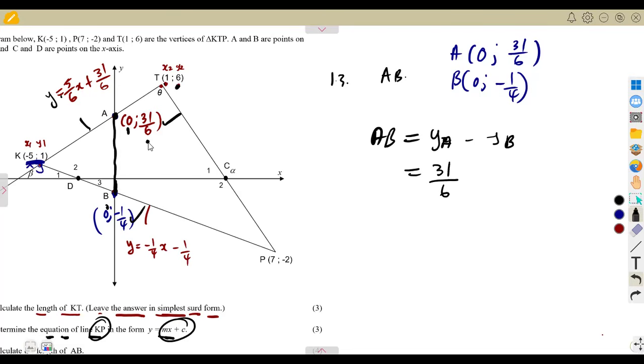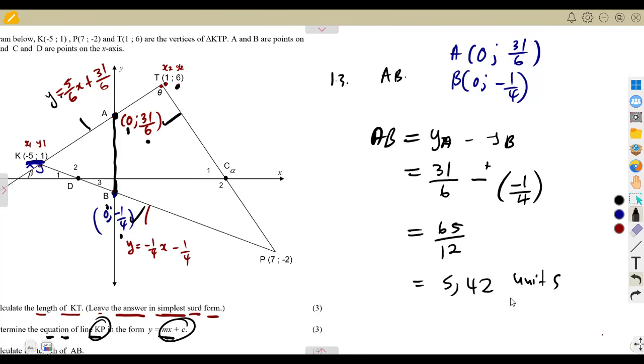The y coordinate at point A minus the y value as it is, with its sign, you take it as it is. This is minus 1 over 4. The y value at this point, you take it as it is. So minus, that was going to be a plus. So you're going to have 65 over 12, or as a decimal, that's 5.42 units.